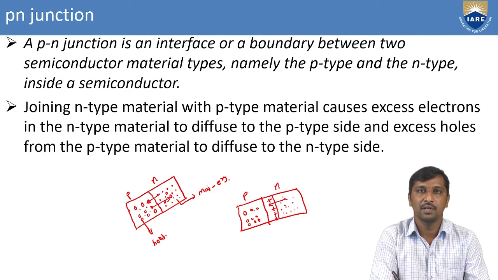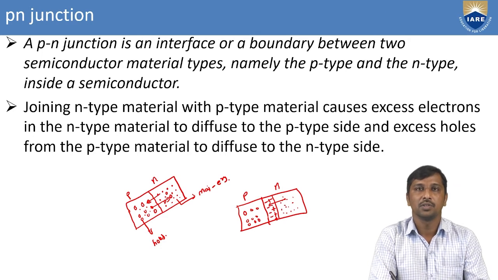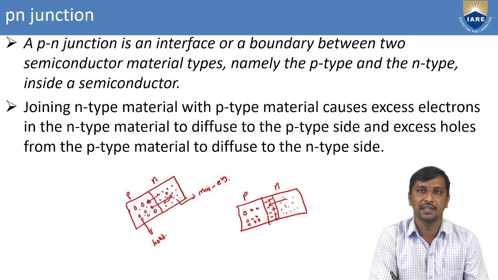Similarly, whenever the holes are diffusing from the p-type material to the n-type material, based on their kinetic energy, while this hole diffuses from the p region to the n side, if that charge carrier loses its energy, it becomes an immobile ion, and that immobile ion becomes the negative charge particle here. So due to this internal energy, the movement of the charge carriers from one region to another, the electrons diffuse from the n region to the p region.